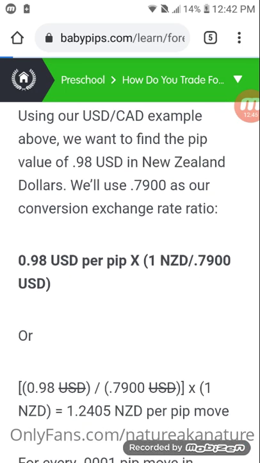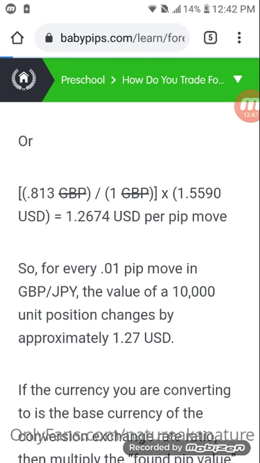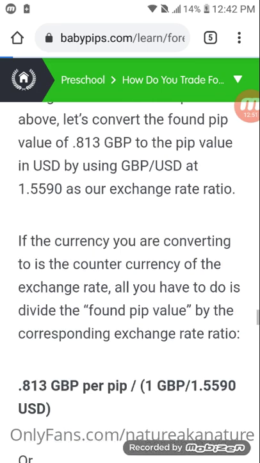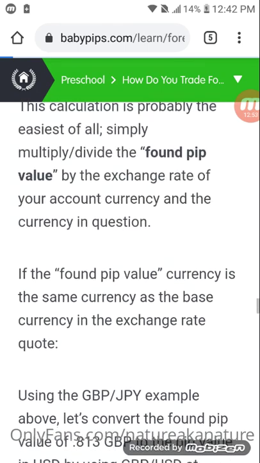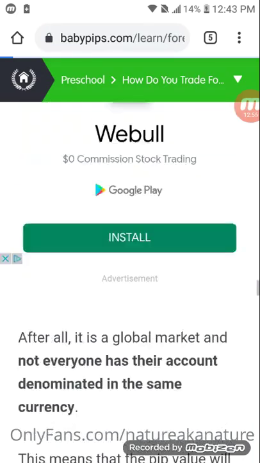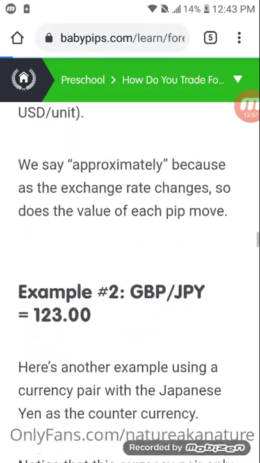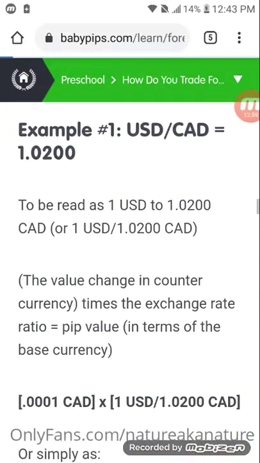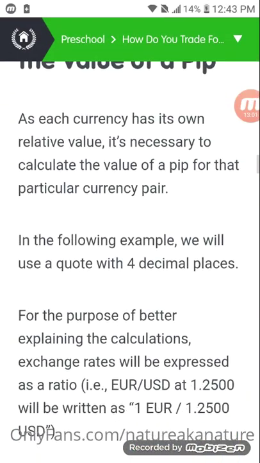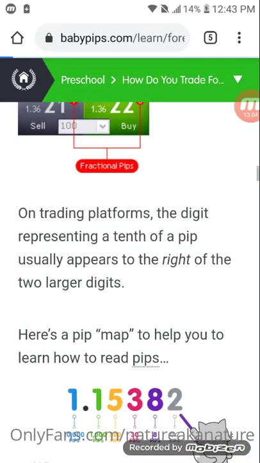That's important, but it's not really that important. They do all the calculations for you in the MetaTrader 4 app. Really, just how to read pips and a little bit of what pips are was what I wanted to show you.